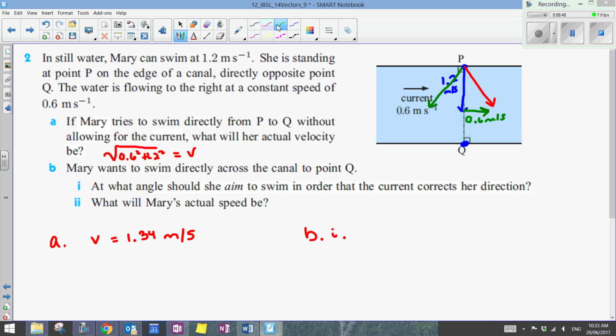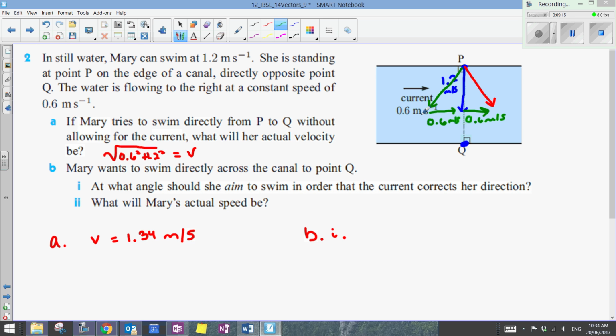And the current will still wind up affecting her swim and pull her back this direction at 0.6 meters per second. And then that'll correct her swim and she can actually swim straight toward point Q. So in this situation, since she's compensating for moving in this additional angle toward the right from her starting point, her swimming speed is 1.2 meters per second. So that's how fast she's going to swim.